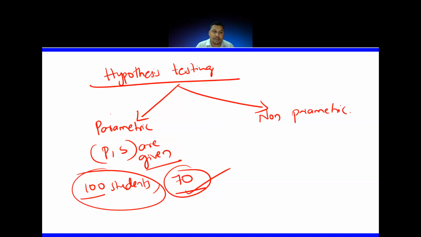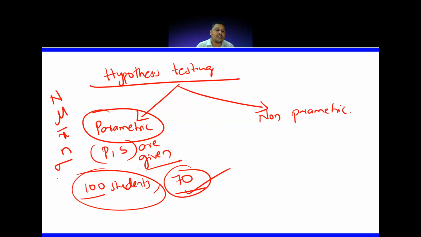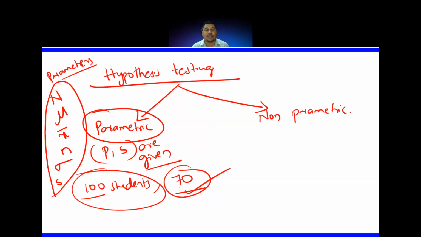So in the parametric testing technique, information like n, mu, x bar, small n, all of these are given. These are the parameters of the sample or population.